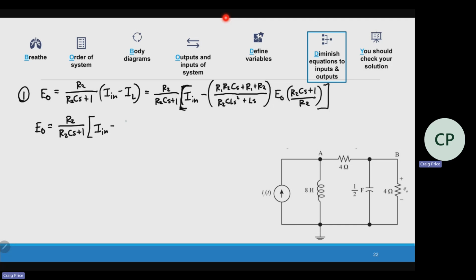This is going to become R1, R2 CS plus R1 plus R2. This just becomes LS times R2.